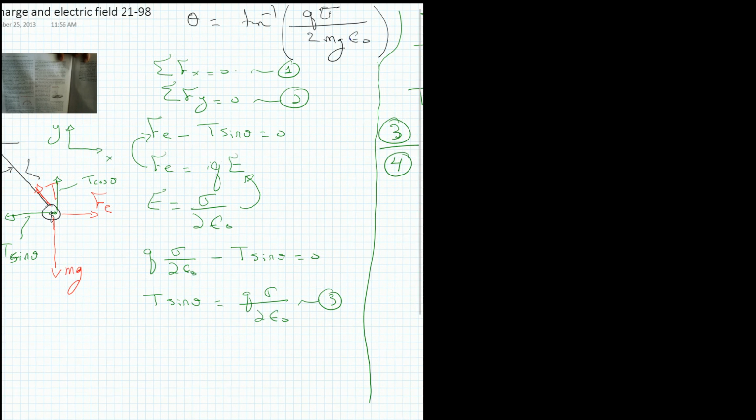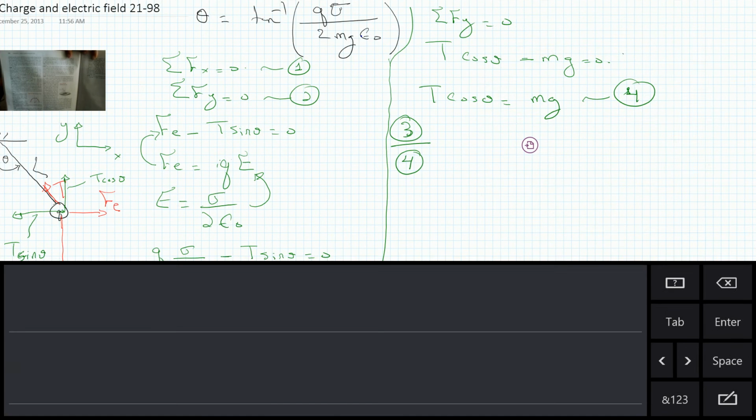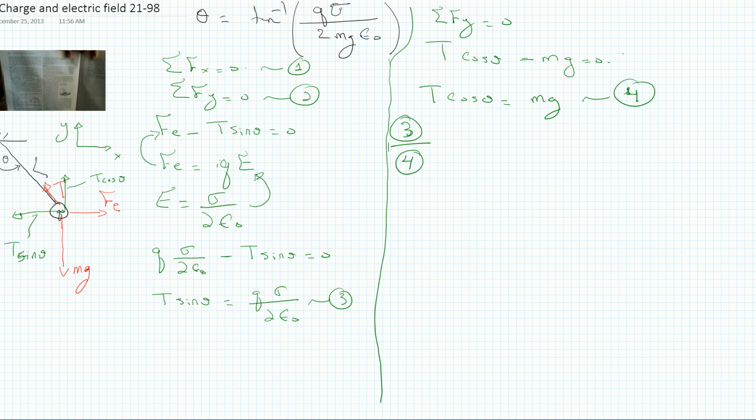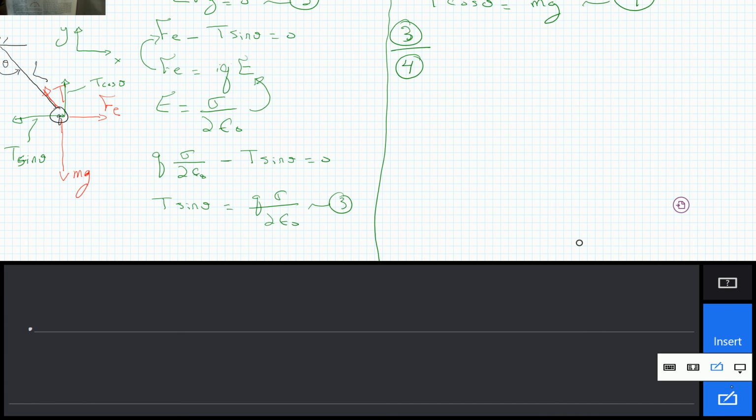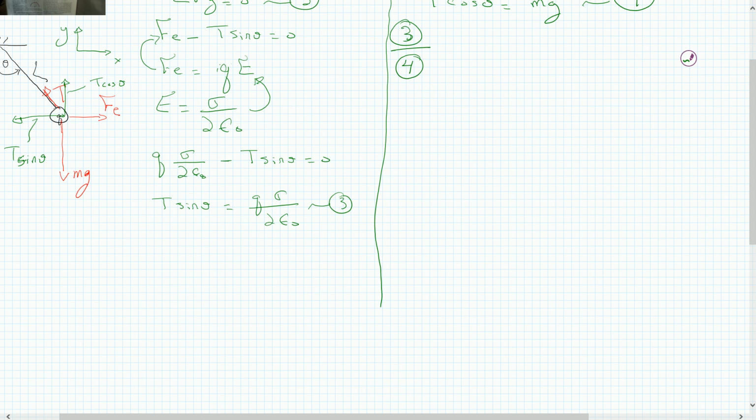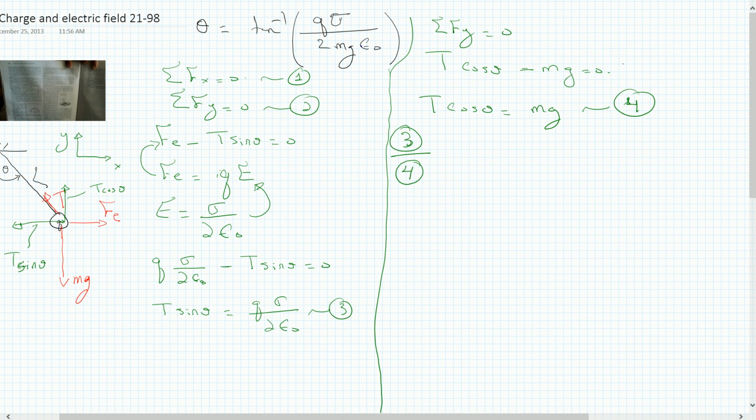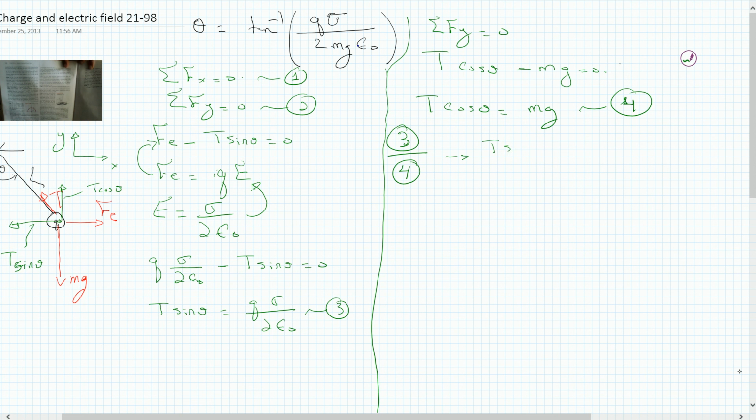The T's will cancel out, so we'll get T sine theta over T cosine theta as q sigma over 2 epsilon naught divided by mg.